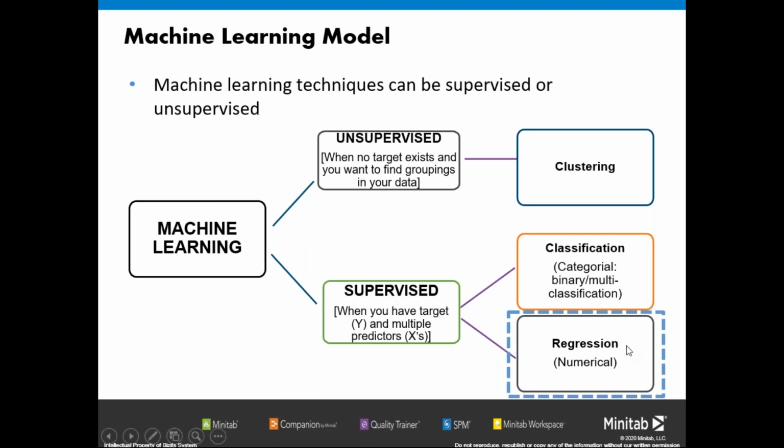Regression here is just a name for the numeric category of supervised. Your Y is numeric, and if your Y is categorical, you go for classification. But today we just focus on the regression part.